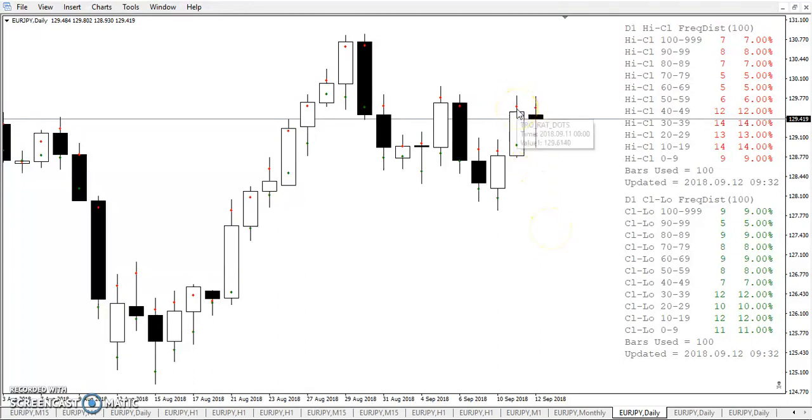So see here, it's above and below, above and below, above and below. Right here, it was right at the dot. This is close to the dot. This is like right on the dot. So that's why the rat became a very popular method amongst us Forex pirates to trade.